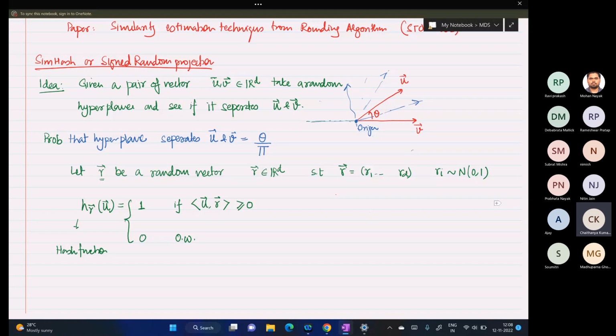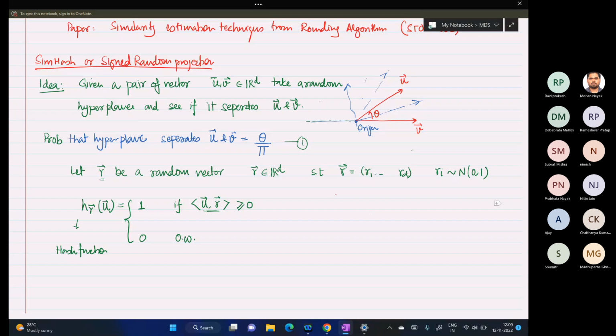Sir, can you go over this once again? Okay. Our intuition for designing this algorithm is that we take a random hyperplane, and the probability that a random hyperplane separates u and v is theta by pi. I hope this part is clear. Now our aim is to capture this theta without explicitly calculating it. So we take a random vector r and take the dot product of r with our input vector.